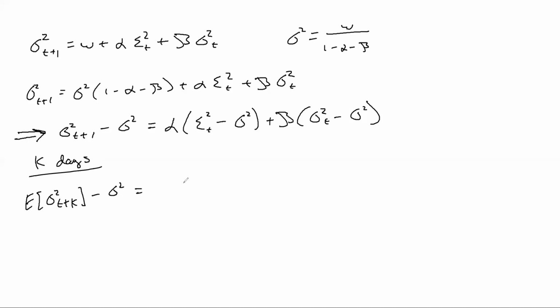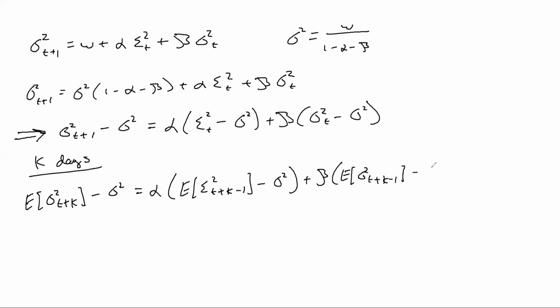This would be equal to alpha multiplied by the expected value of our squared error term k many days out, but it's the previous term, so it would be k minus 1, minus our long-term variance, plus beta multiplied by the expected value of our variance of the previous day, which would be k minus 1 days, minus our long-term variance.